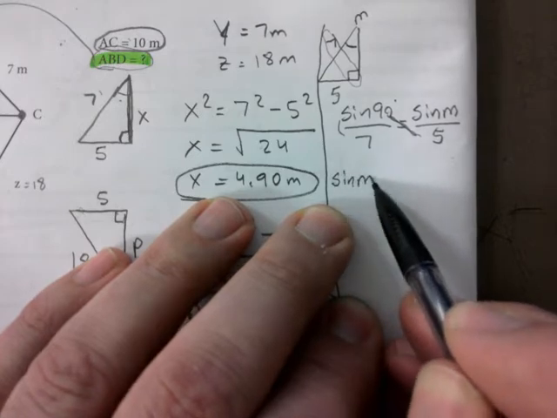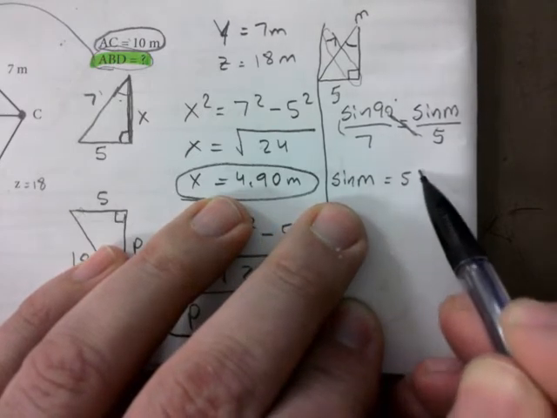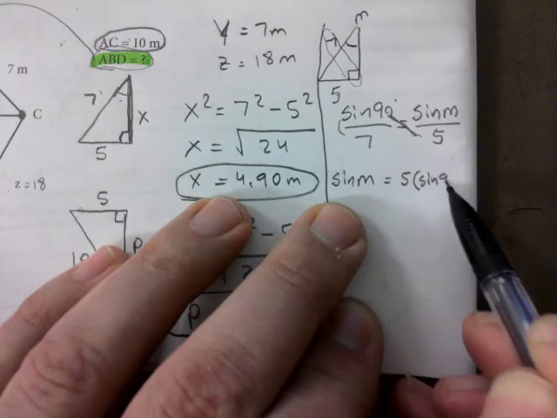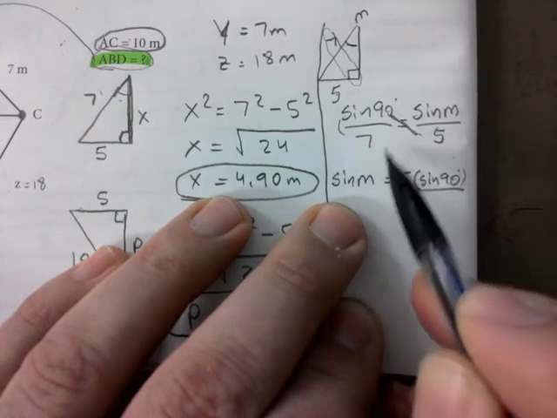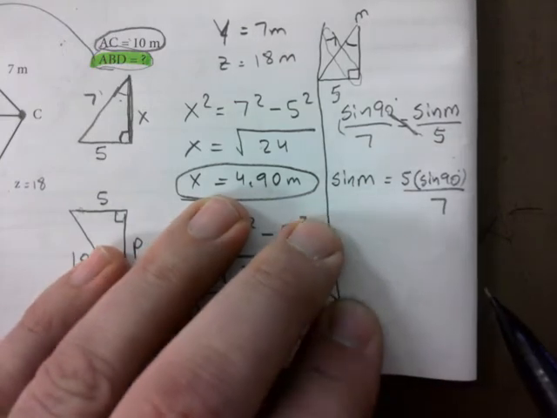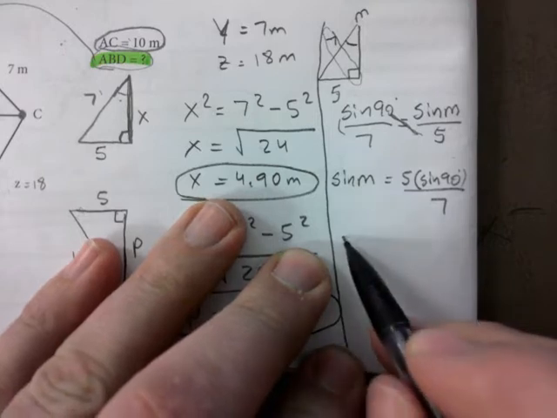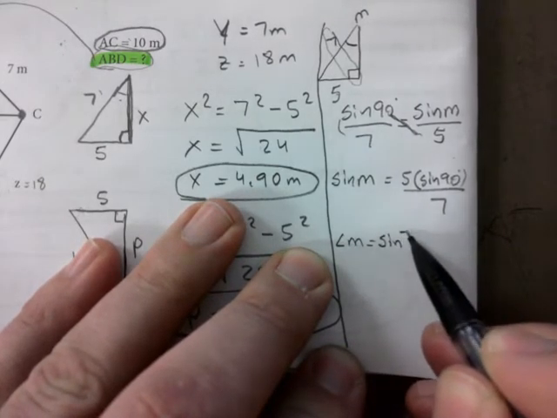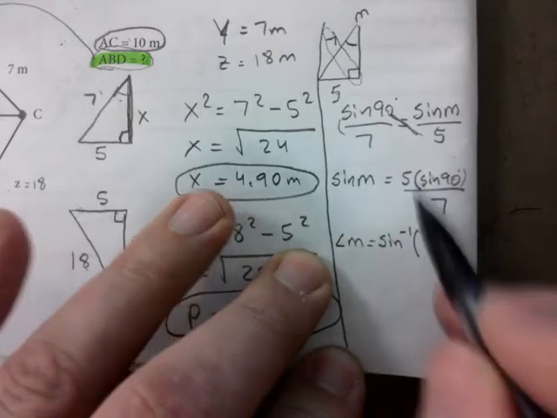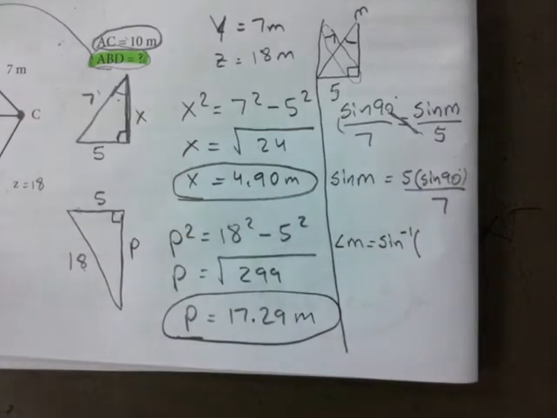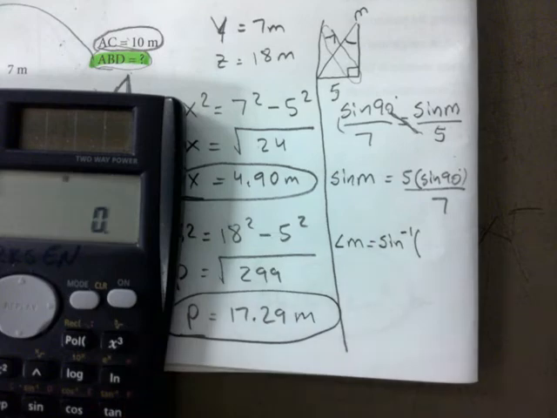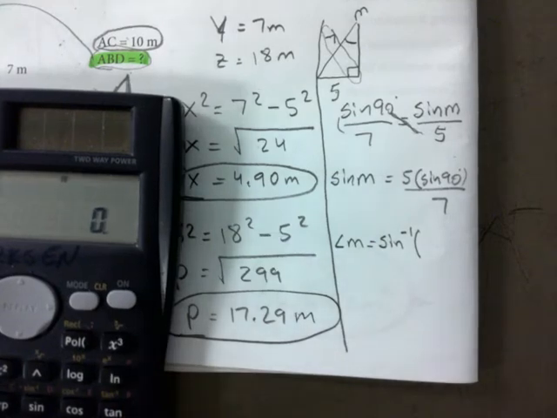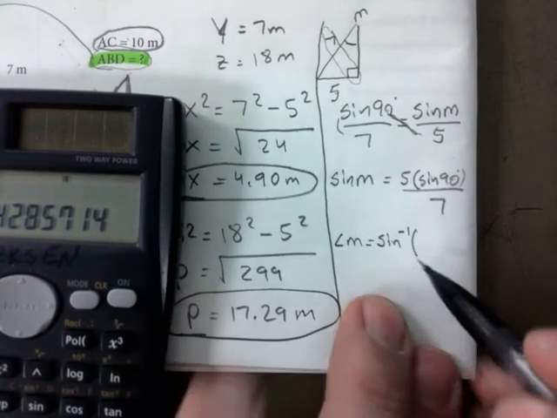Sine of m is equal to 5 times sine of 90 divided by 7. Angle M is sine inverse of whatever this is. So I'm going to type that into my calculator. Sine of 90 is 1, right? So it's just 5 divided by 7, really.